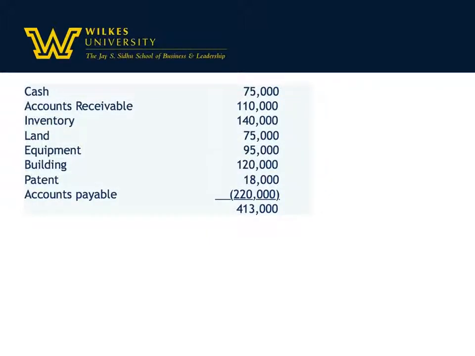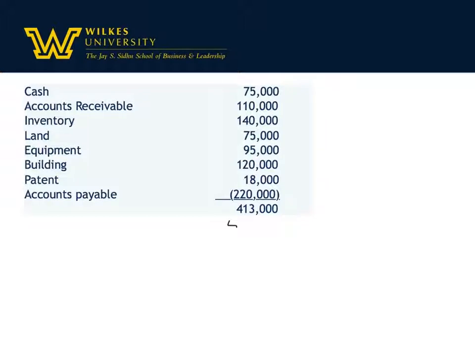So what I've done is I've replaced those items with the fair value, because this is the amount of net assets that we're going to be purchasing. So instead of purchasing $373,000, we're actually investing in a fair value of $413,000. Now, that's fine. But what are we going to pay for it?